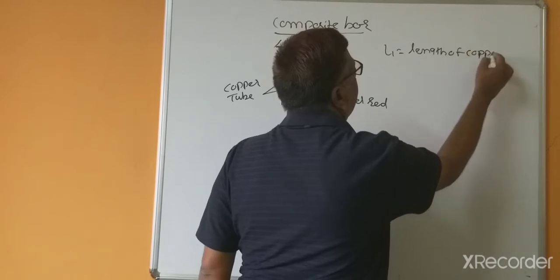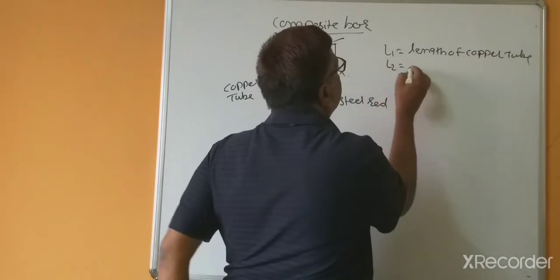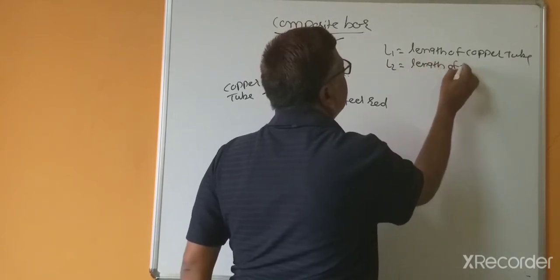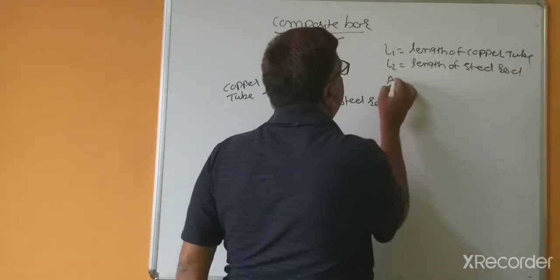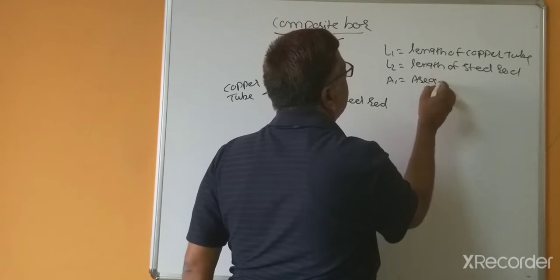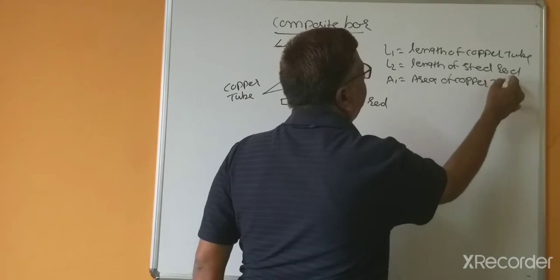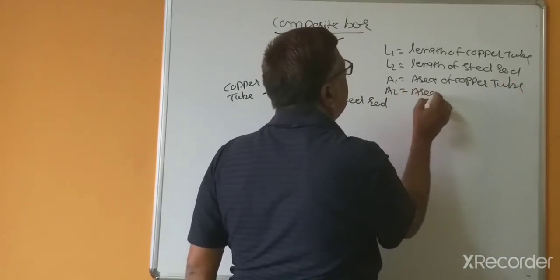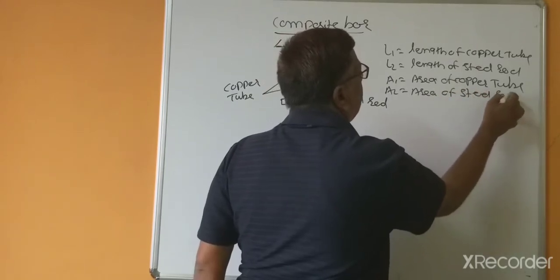Otherwise, L1 is the length of the copper tube, L2 the length of the steel rod, A1 the area of the copper tube, and A2 the area of the steel rod.